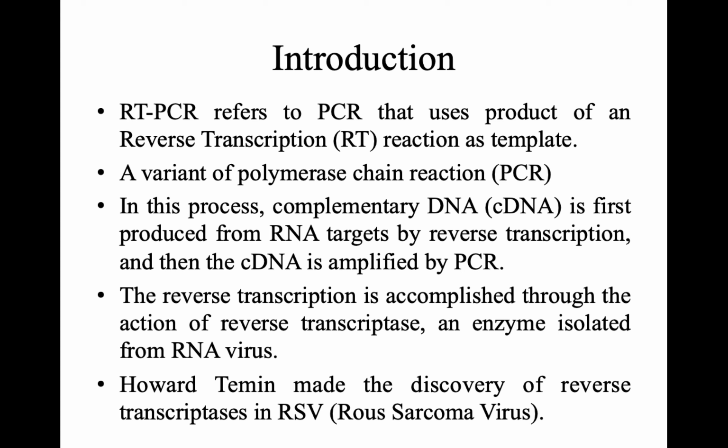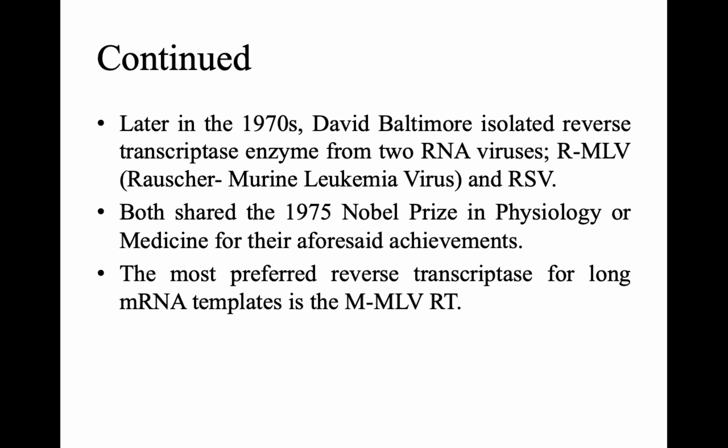The Harvard team initially made the discovery of the reverse transcriptase enzyme in the Rous sarcoma virus. Later, in the 1970s, David Baltimore isolated reverse transcriptase enzyme from two RNA viruses: one is the RMLV virus and the other is the RSV virus.